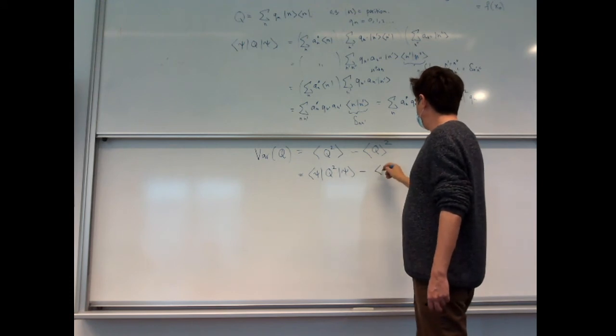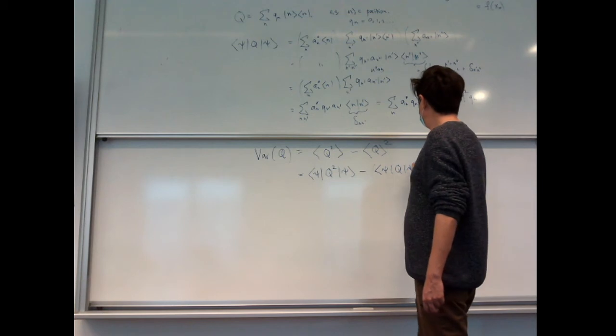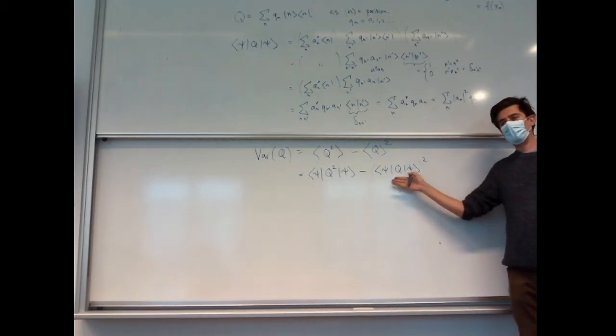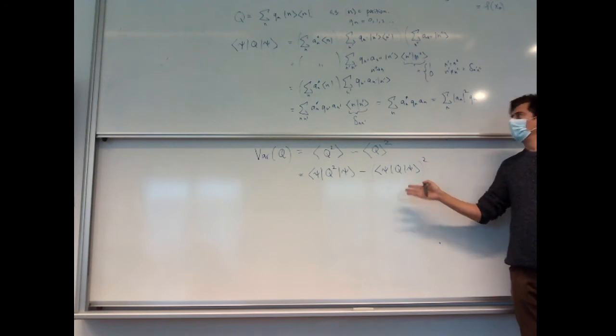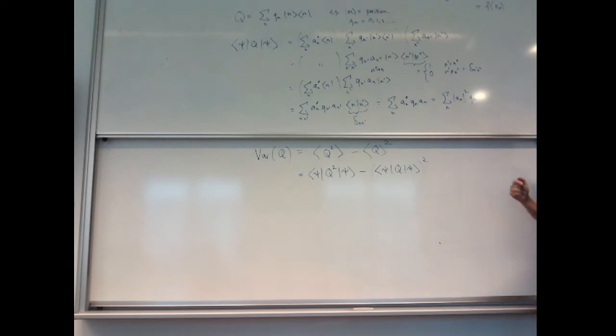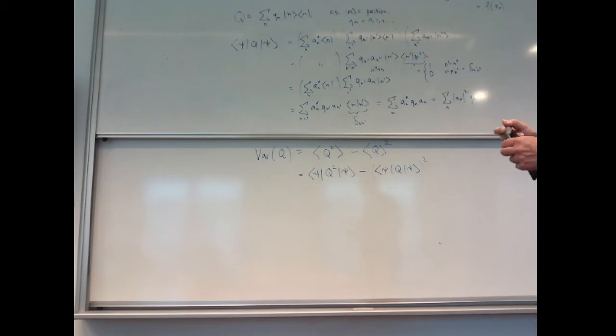And for this one, you calculate the regular average of Q according to the same formula that we did here, then we square it. Does that make sense? Yeah. Okay.